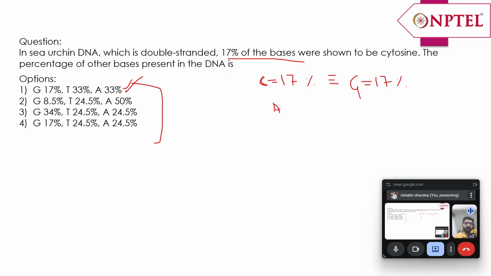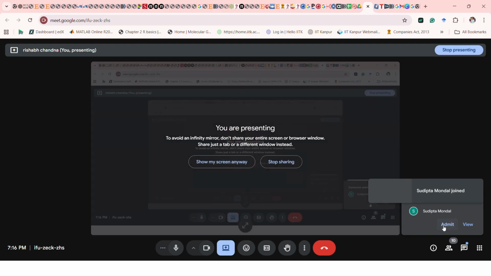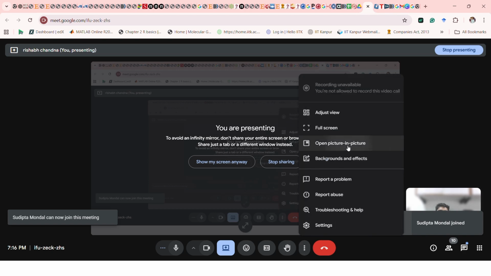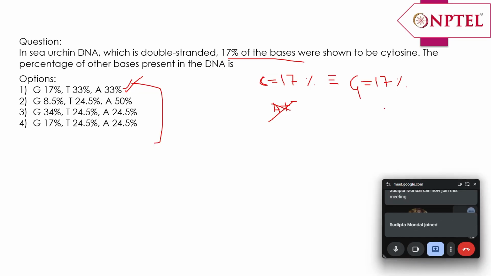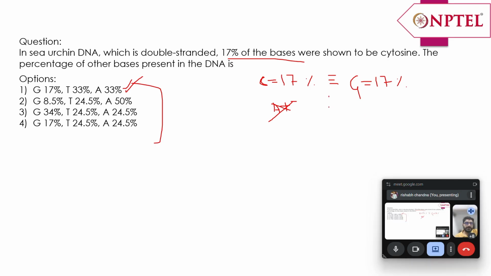As per the Chargaff rule, A plus T... So what will happen out of 100%?